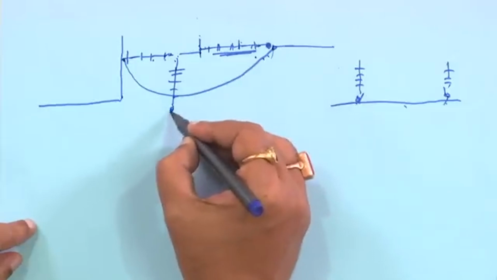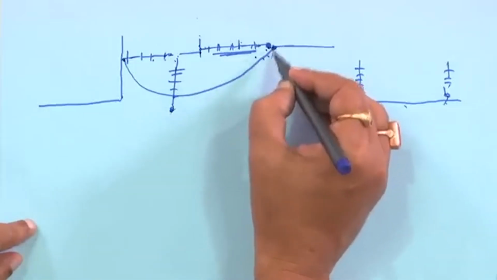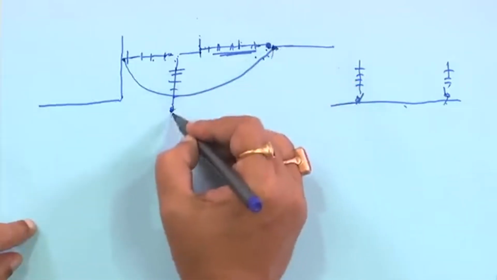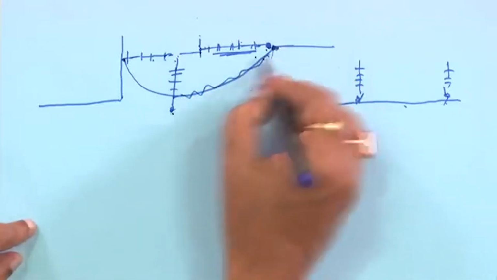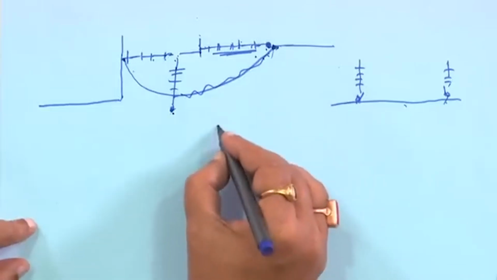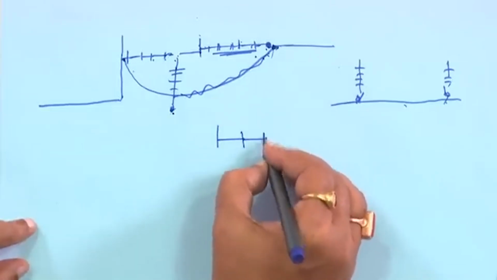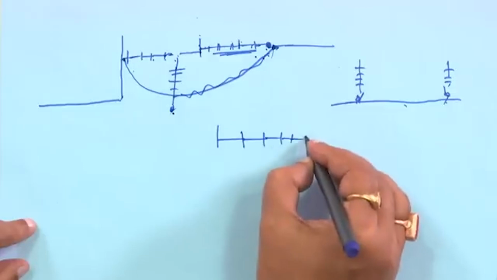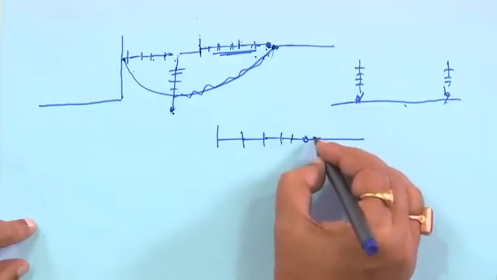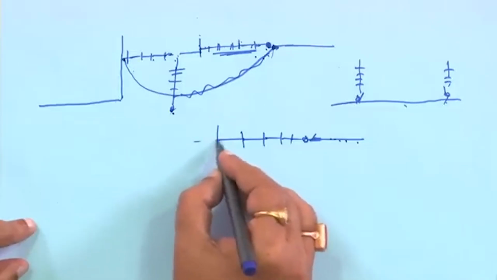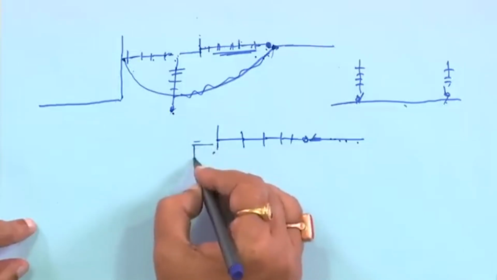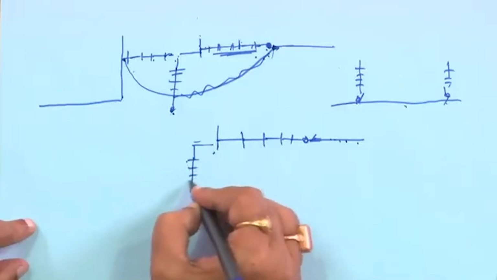In that case, this point and this point you have to connect, because this is a conductor end, and this is also a conductor. Let me draw it separately. Suppose you have this insulator string in a horizontal position, and the conductor is coming from somewhere. Say another cross arm from the same tower has a string insulator in a vertical position.